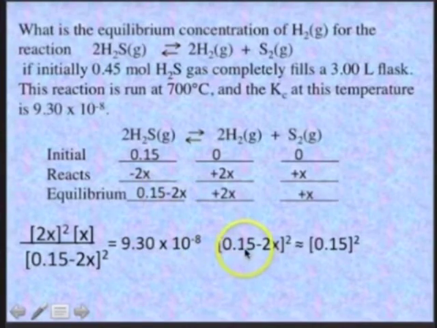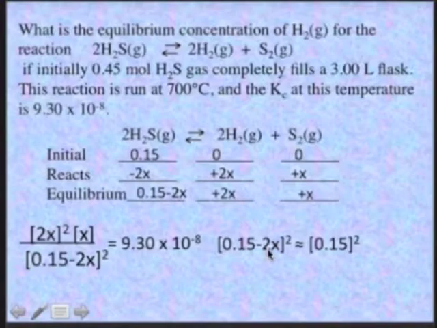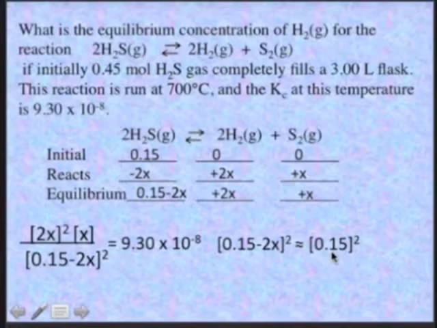So compared to 0.15, even double the amount of X subtracted from 0.15 is going to be approximately the same as 0.15. We make an approximation that because X is so small, our initial concentration does not change very much or changes negligibly.